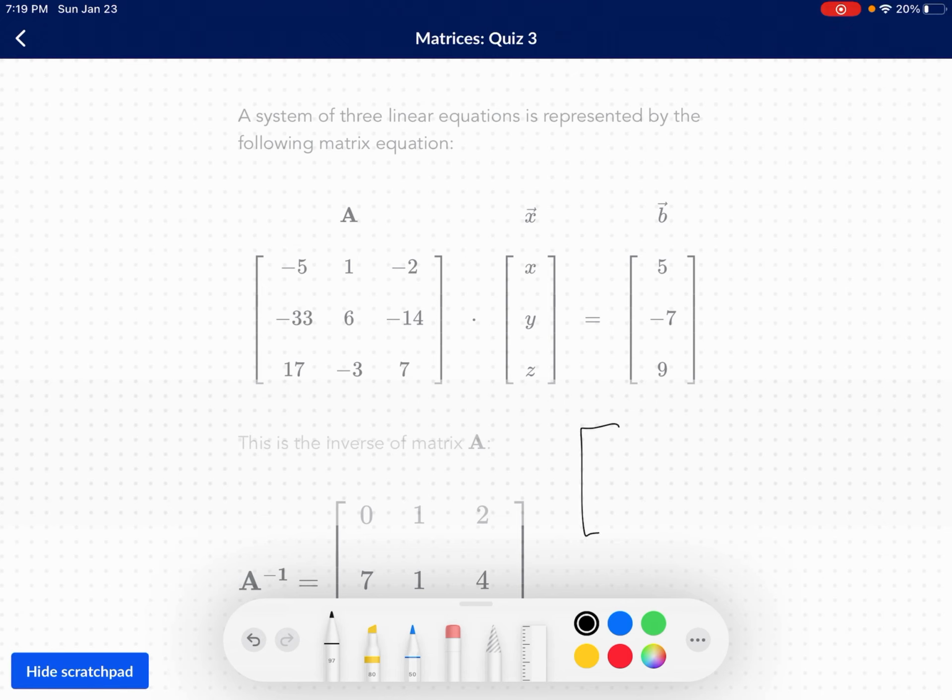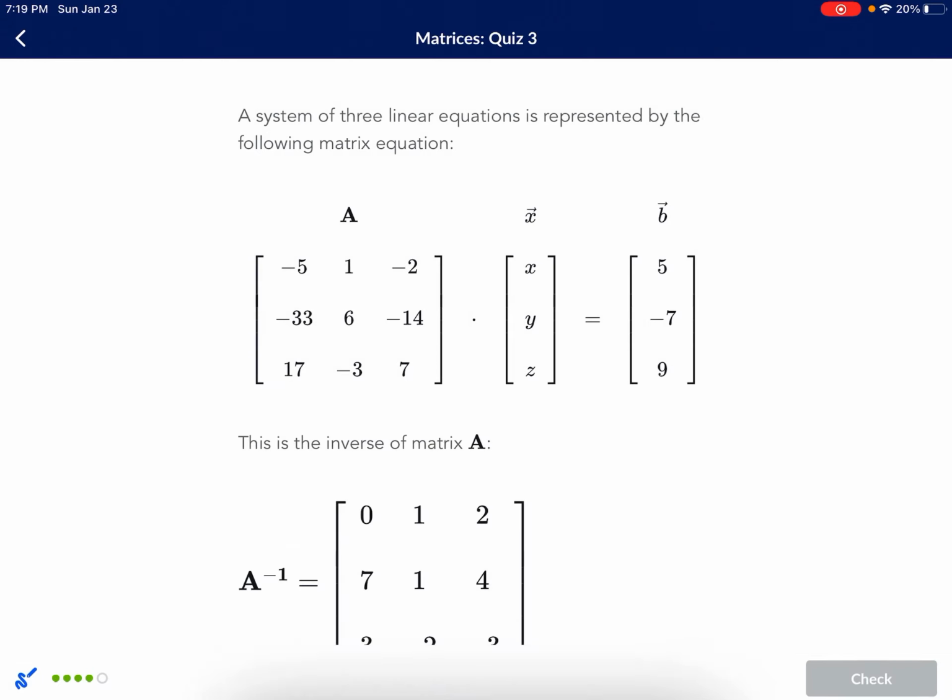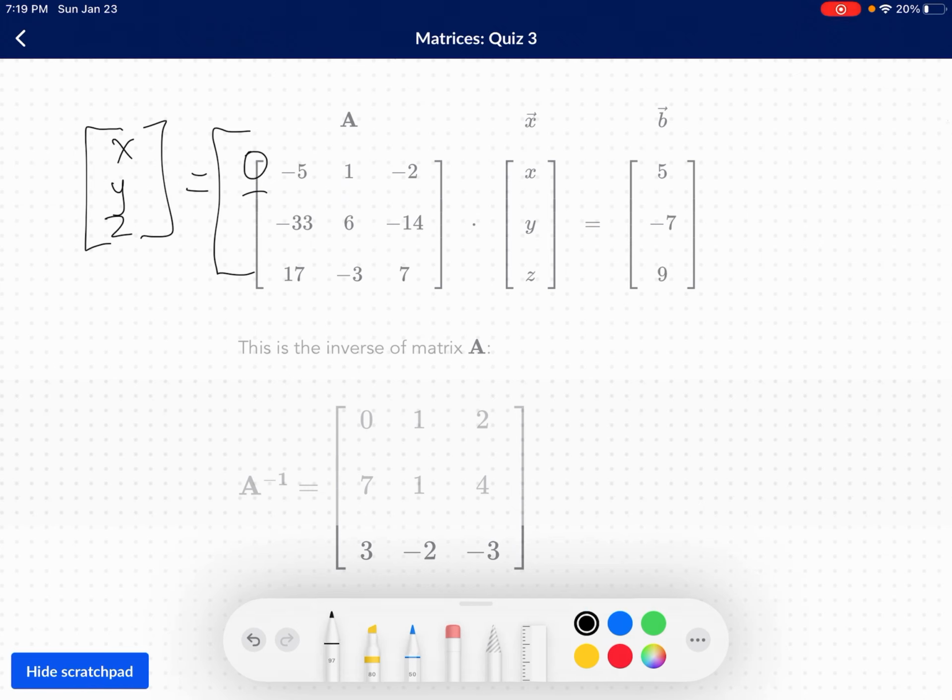So I'll put that vector x equals the inverse of matrix A, which is 0, 0, 7, 3, 1, 1, negative 2, 2, 4, negative 3, times vector B, 5, negative 7, 9.